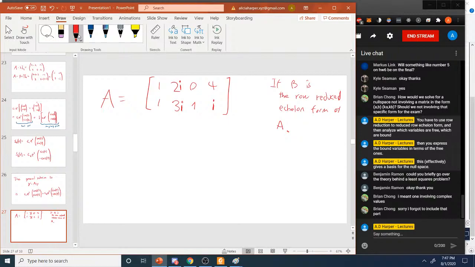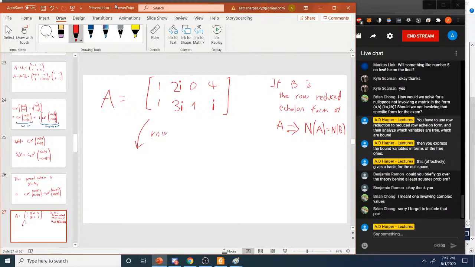So if B is the row-reduced echelon form of A, then in fact we always know that the null space of A is equal to the null space of B. So the first thing we're going to do is try to put this matrix in row-reduced echelon form.